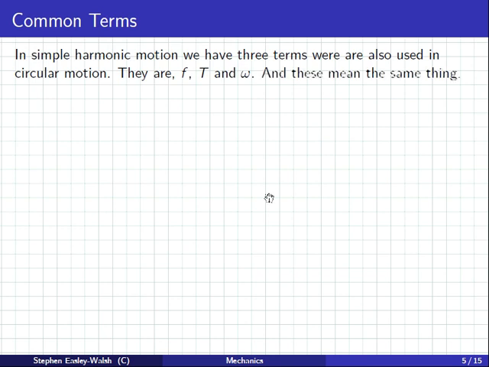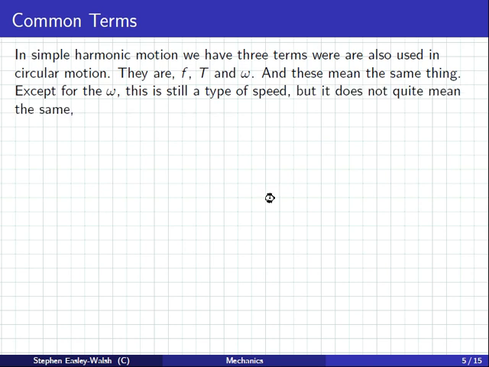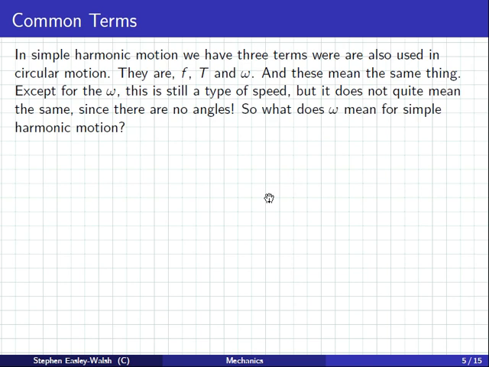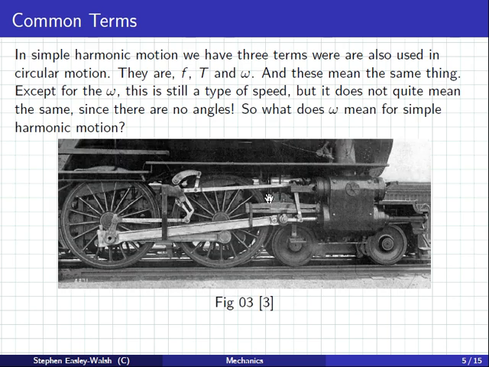Okay, so look. The omega is still a type of speed, but it does not quite mean the same thing, since there's no angles. So what does the omega mean? Well, I have a picture here, and I'll draw another picture to help. We're all happy that this is circular motion, right?